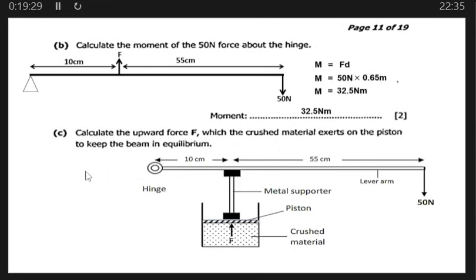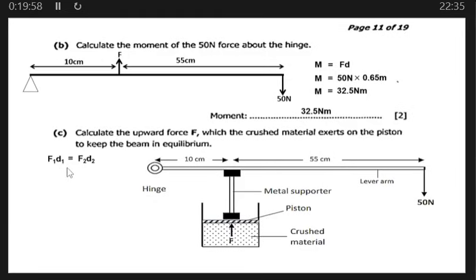So we'll write the formula which governs the principle of moment, which will say force 1 times distance 1, which is going to be this same force here times this distance of the force from the pivot, must be equal to force 2, which is this force acting downward, times the distance of the force from the pivot.